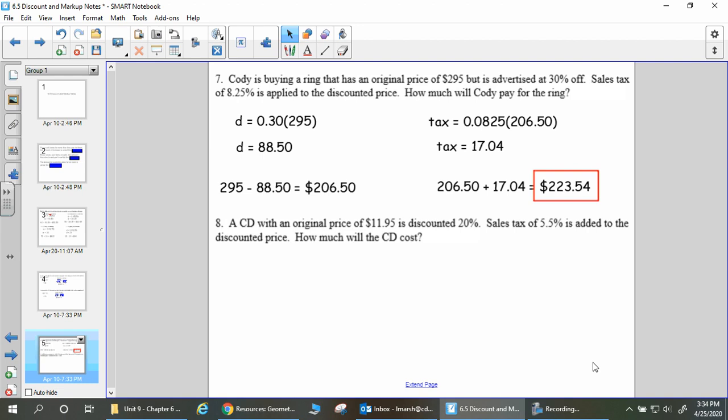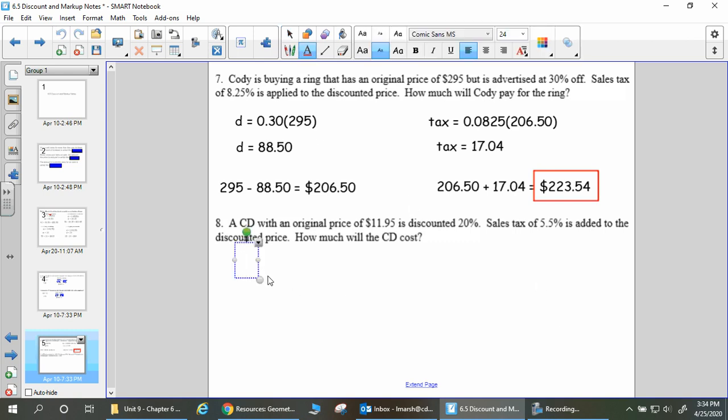Number 8 says a CD with an original price of $11.95 is discounted 20%. Sales tax of 5.5% is added to the discounted price. How much will the CD cost? I'm just going to repeat my steps. Here we have a 20% discount. $11.95 was the original price.